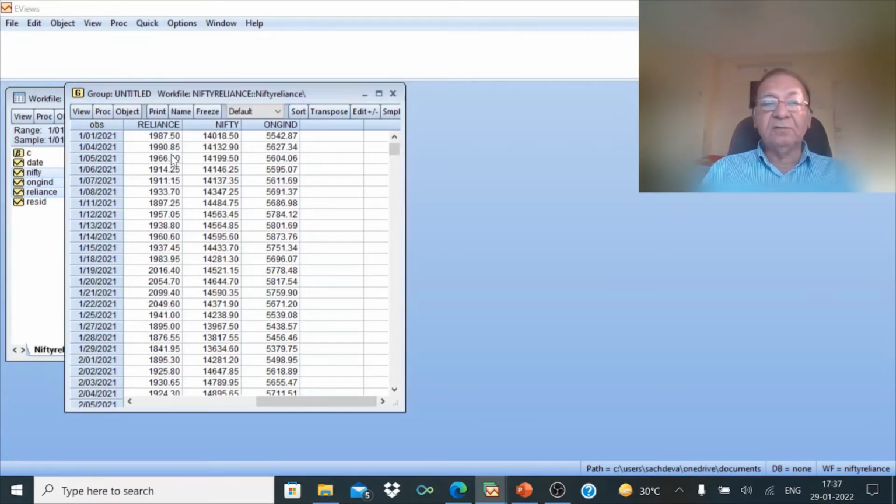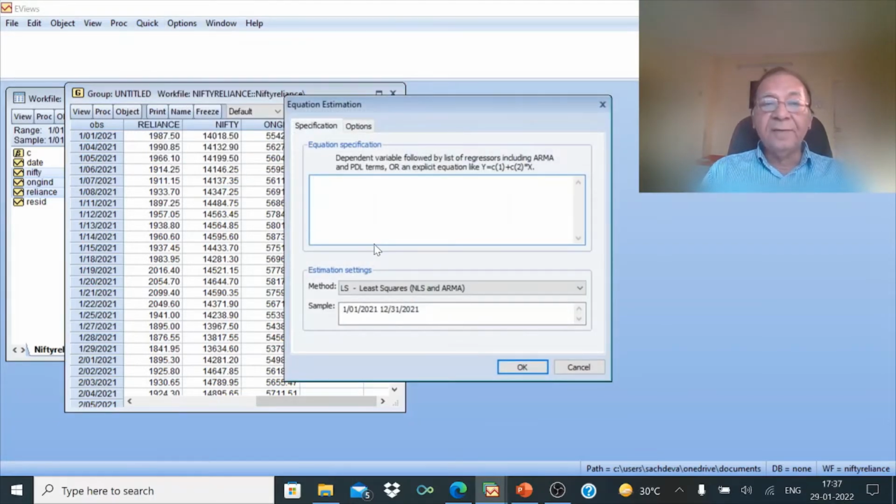In Estimate Equation, we'll say okay, and first we will write down our dependent variable, then we will write C as a constant, then Nifty, that is our independent variable. Let us regress this.